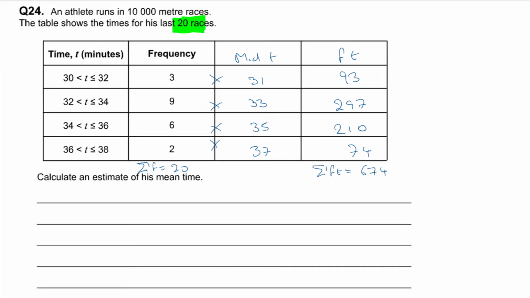So now my estimated mean is going to be sigma ft over sigma f, which is 674 divided by 20, and that is equal to 33.7.